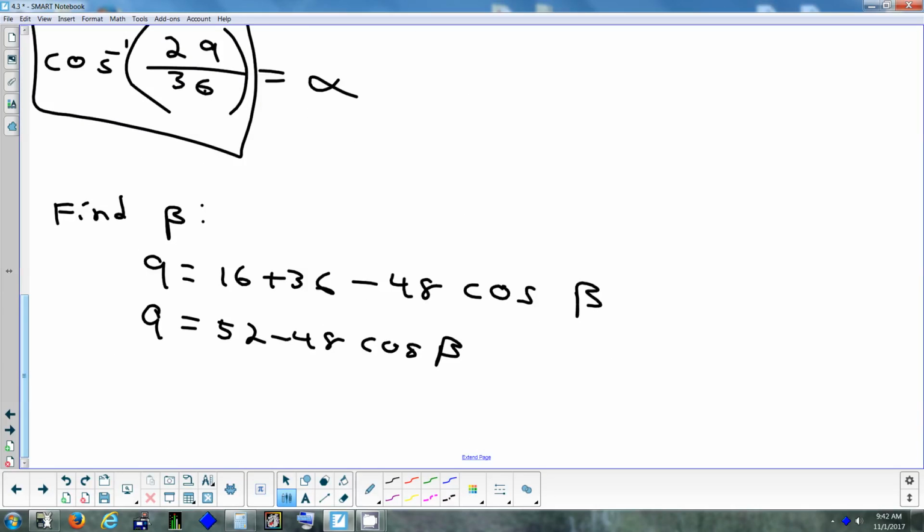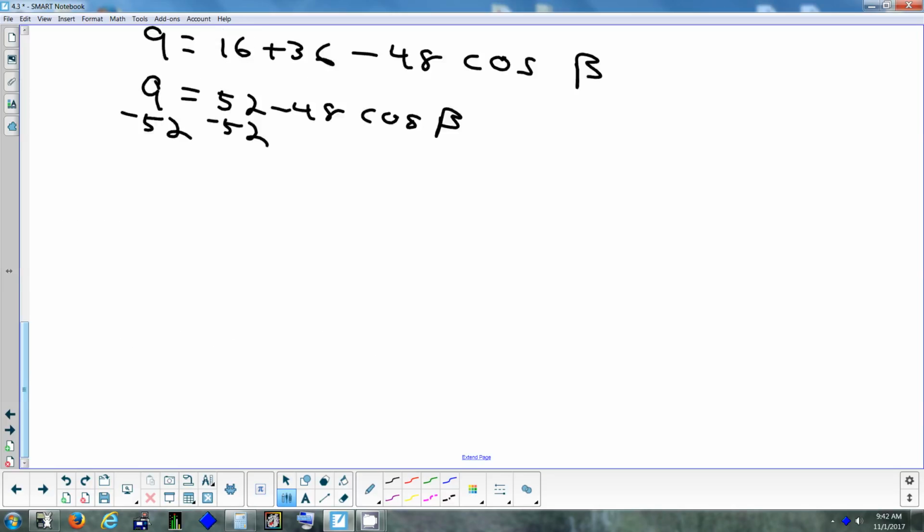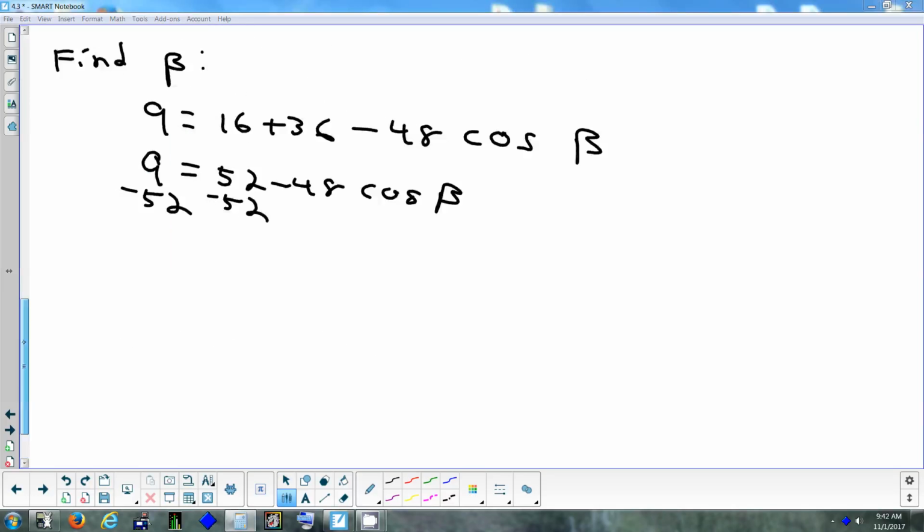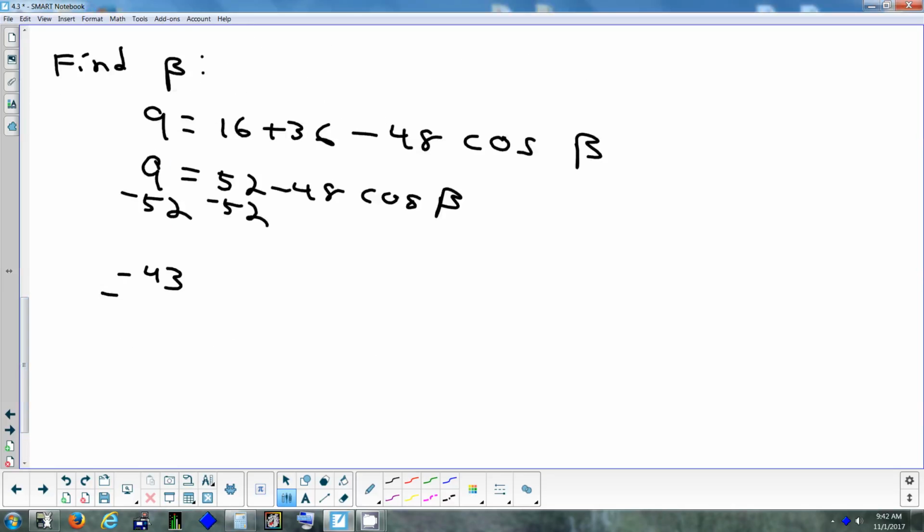Subtract it. So I'm going to do 9 minus 52. I get negative 43. And at the same time, I'm going to divide by the negative 48, because I know I'm going to have to divide by it in the next step. So I just did it right away.